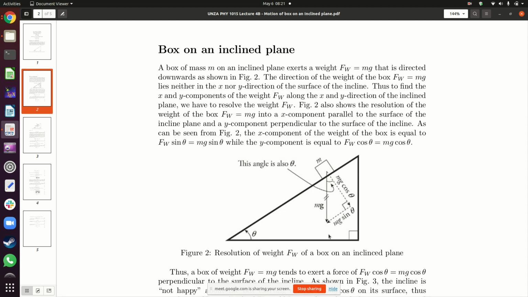Then how does that explain our calculation of resultant force? For us to calculate resultant forces, we need directions. So in this case, there are two directions which we are going to choose.